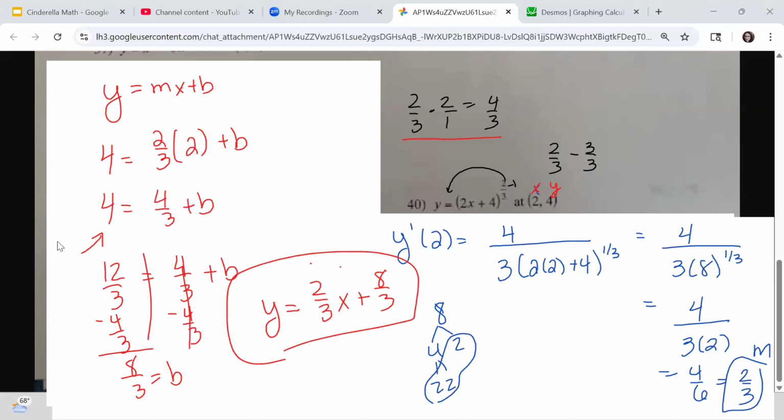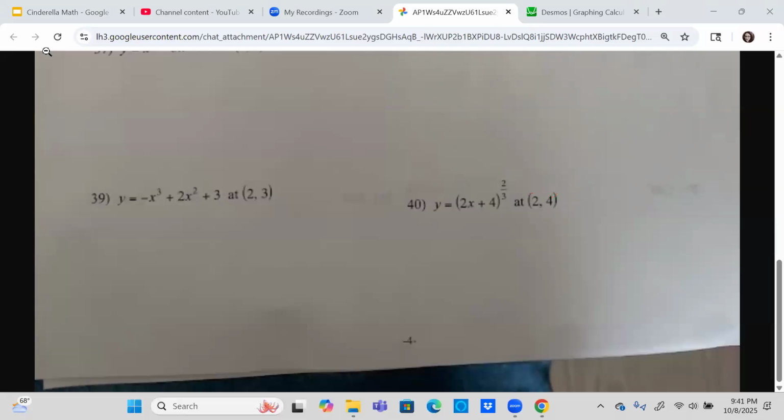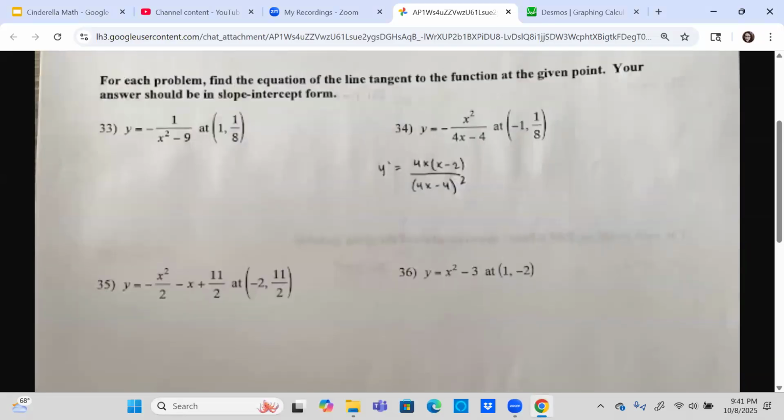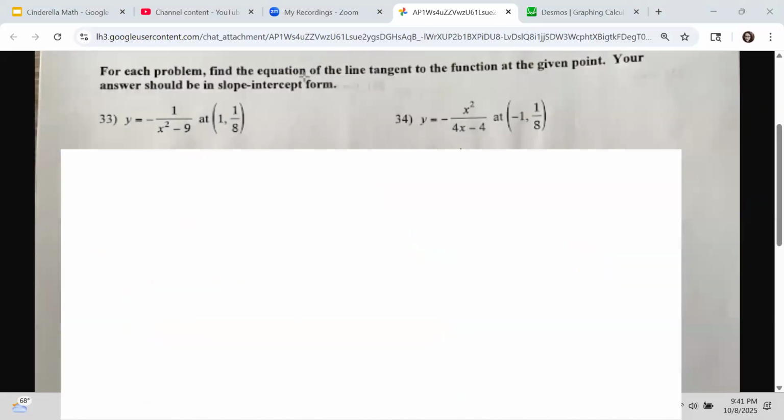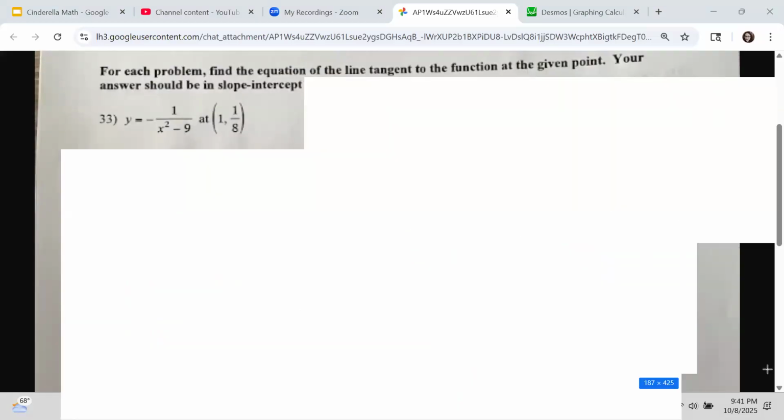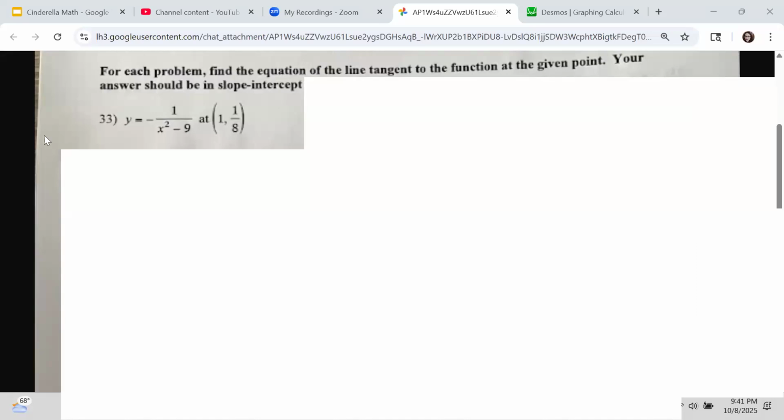All right, I'm going to go back up to the 2 I skipped, starting with 33. So this one, you may look at it and you're like, ooh, do we need to use quotient rule? No, you don't have to. So let's rewrite this problem as y equals, see this negative, put it on top, otherwise it'll get lost.